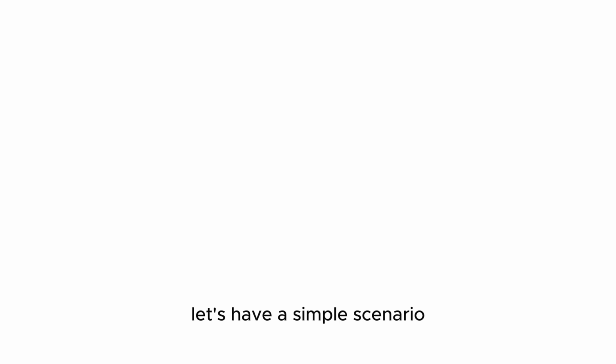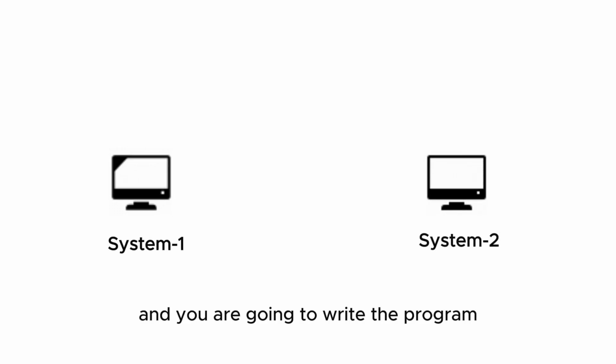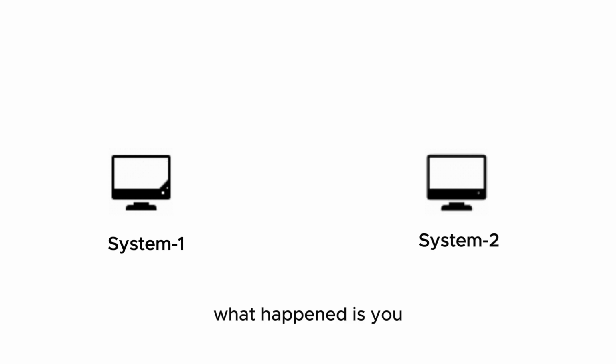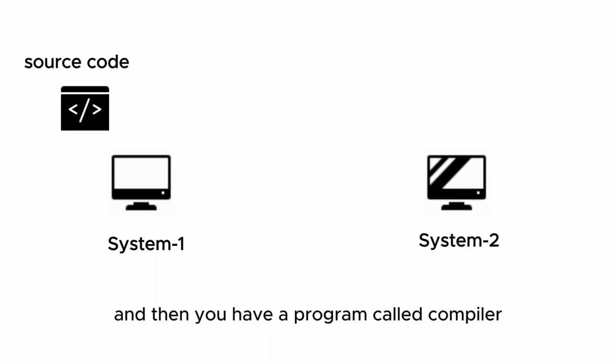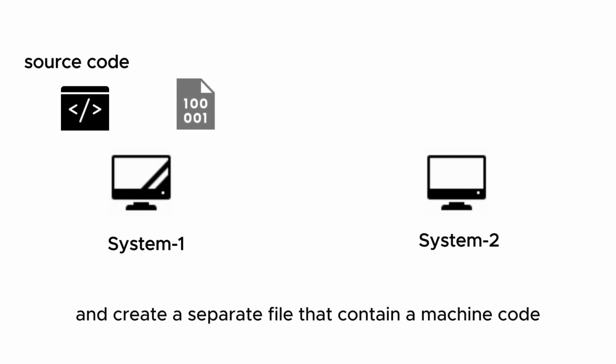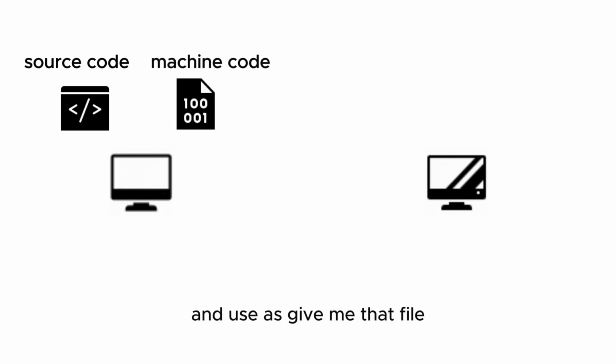Let's have a simple scenario. Let's say it's just you and me. You have your computer and I have my computer, and you are going to write the program that you want me to run. Now, a compiled language: what happens is you write your source code, and then you have a program called a compiler that will go through the source code and create a separate file that contains machine code, and you just give me that file.